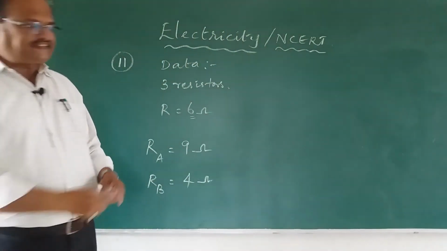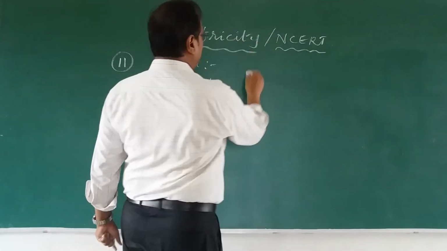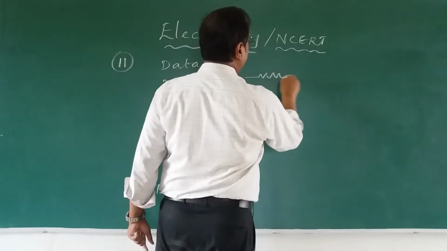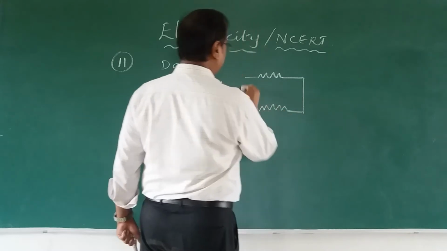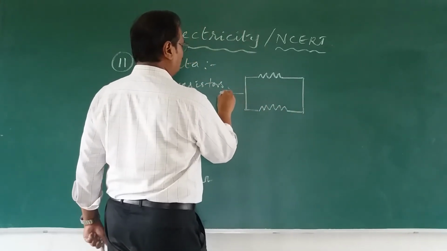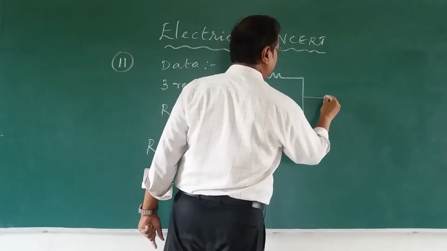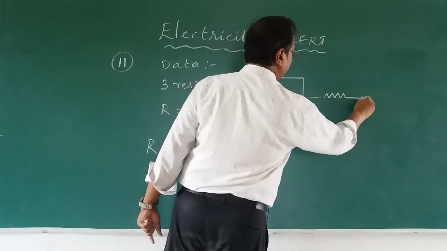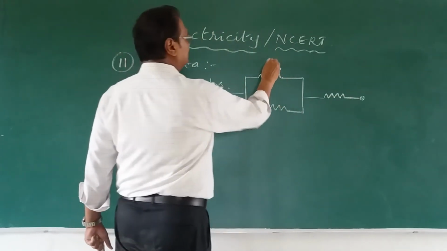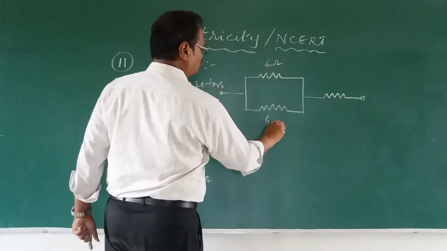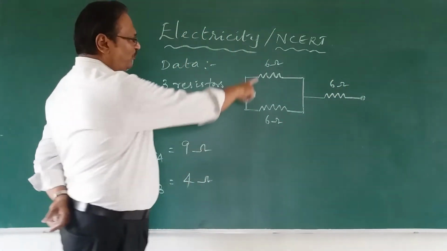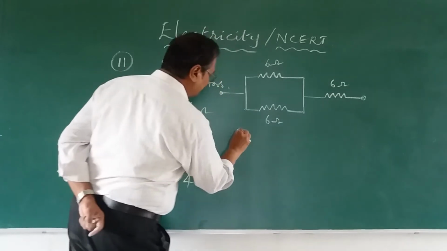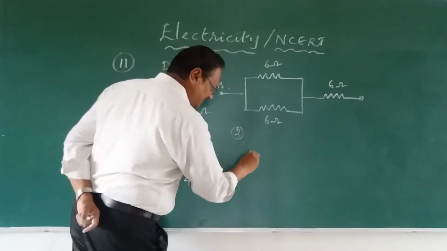Okay, so this is how we do the problem. Let me say 2 resistors are there. I will connect these 2 resistors in parallel, and the third resistor, only 3 resistors are there, in series with this one. This is 6 ohms, this is 6 ohms, and this is 6 ohms. Now 2 resistors are there and they are in parallel.